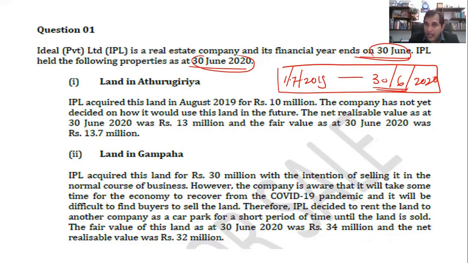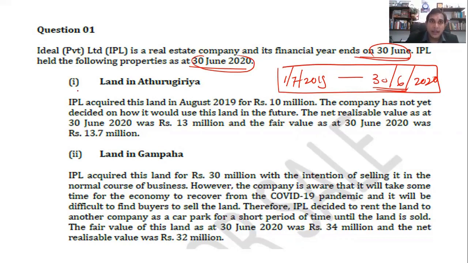You can write down the starting date and the closing date of the financial year, because you are given some dates. Initially, if you write that date, then you can take your decisions. That's a kind of best practice to do in your examination.